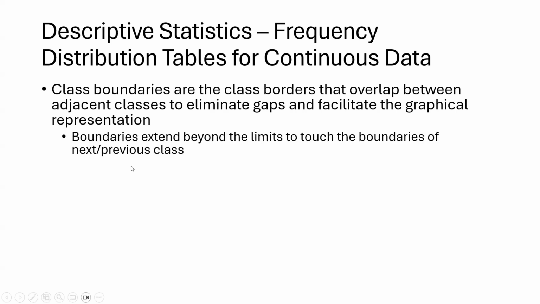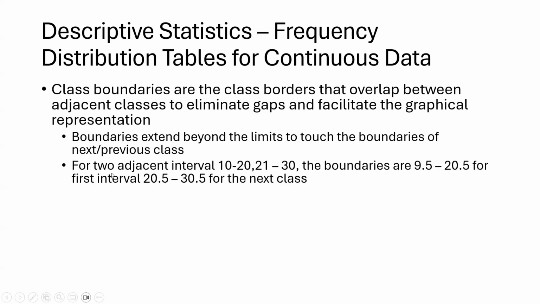And how will that work? For two intervals such as 10 to 20 and 21 to 30, the boundaries are going to be, for the first interval, 9.5 and 20.5. How? It's extended a little to the left for the lower endpoint and to the right for the upper endpoint for both of those classes.